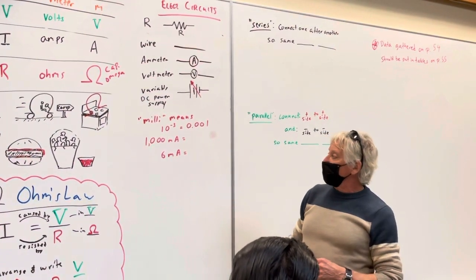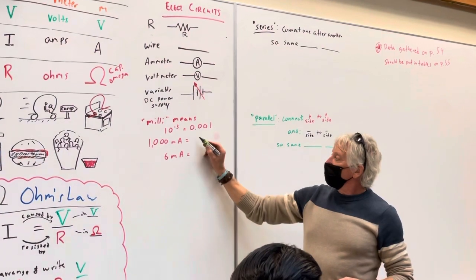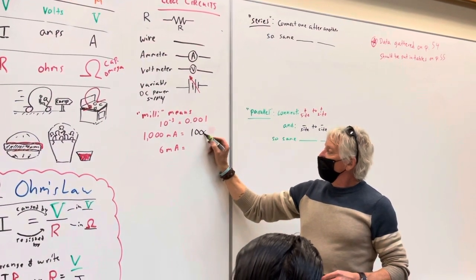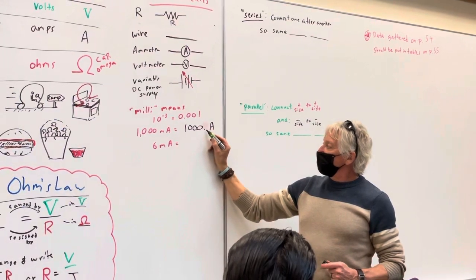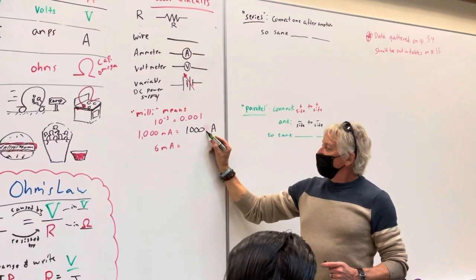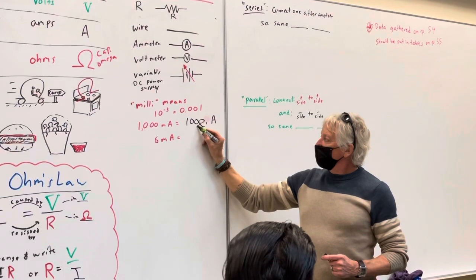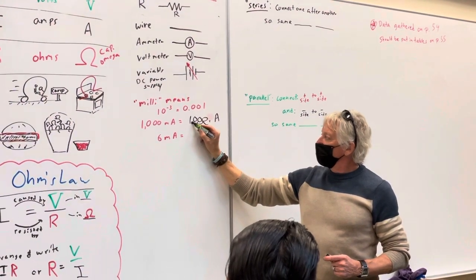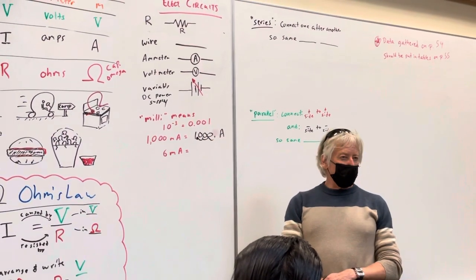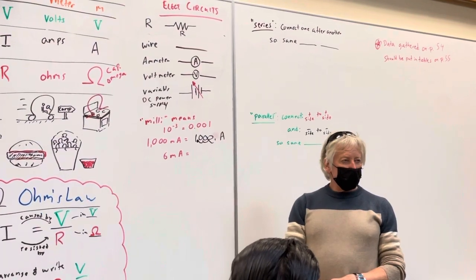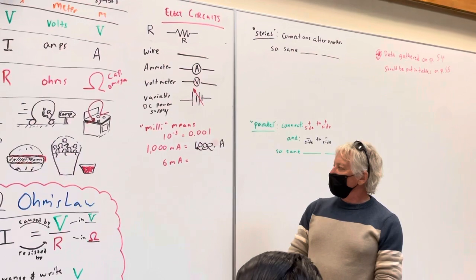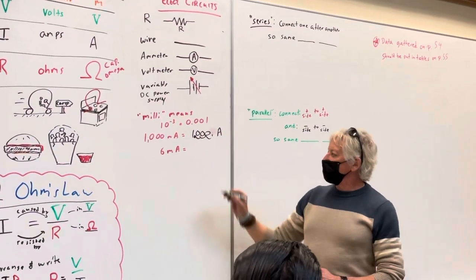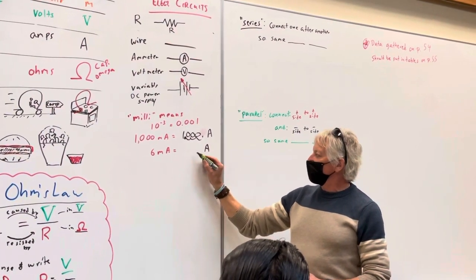How many amps is that? I start the decimal place here and I move it over how many? 1, 2, 3. 1 amp. 1,000 milliamps is 1 amp. How many amps is 6 milliamps?